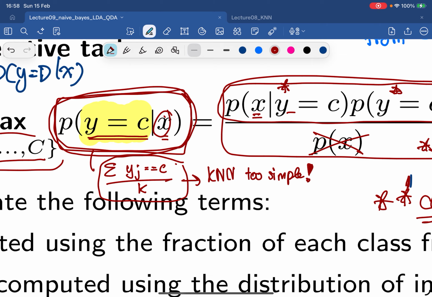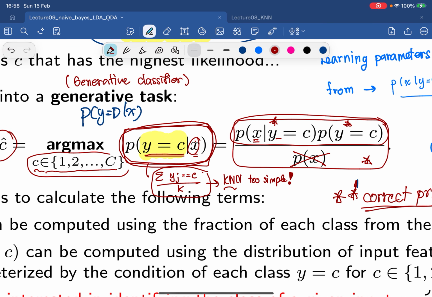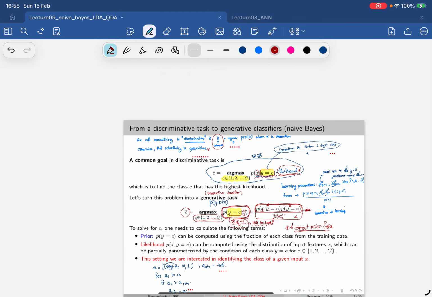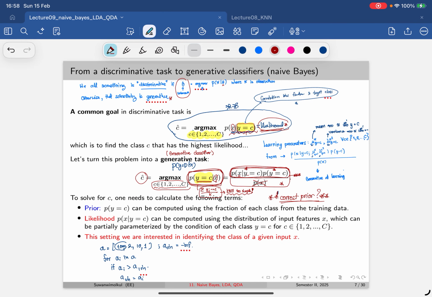So LDA and QDA are an advanced version of that, where you turn this too-simple thing into something more complicated, using more information and extracting more statistical properties from the training set to compute this entire probability. Let's see how it's done, and we will come back to these texts.